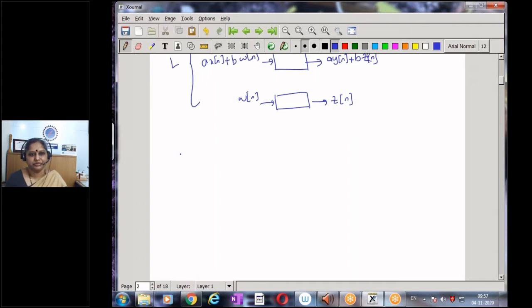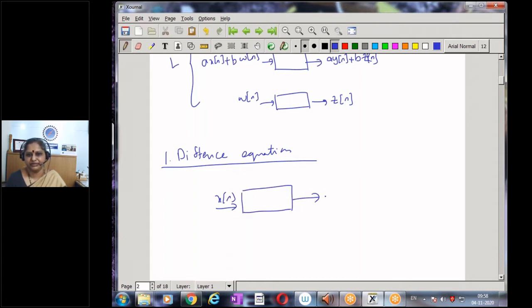So going to the first method of representing an LTI system, the difference equation. Where I have the input sequence x[n], the LTI system, and my output is say y[n].